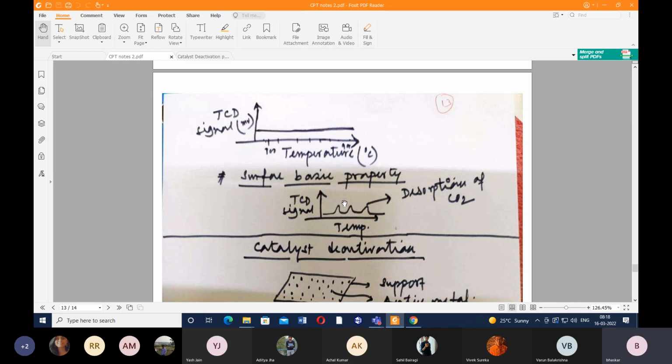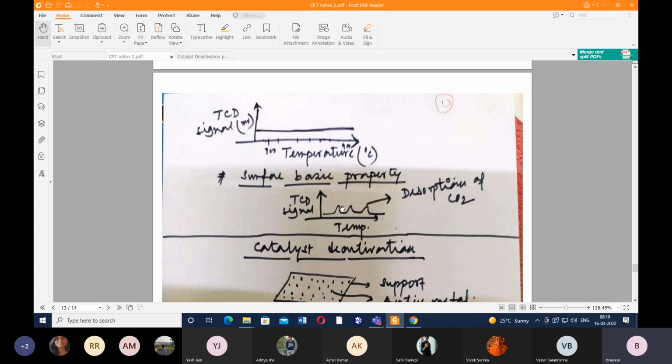The peak at low temperature zone corresponds to the desorption of carbon dioxide. Similarly, at intermediate temperature we have a peak that can also be attributed to the desorption of carbon dioxide. Similarly, at high temperature, we also have a desorption of carbon dioxide.